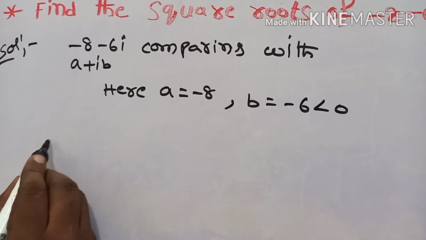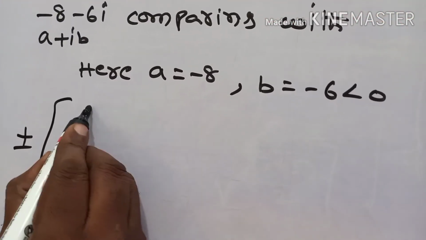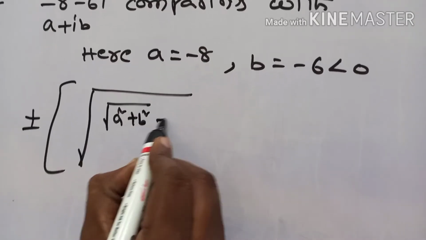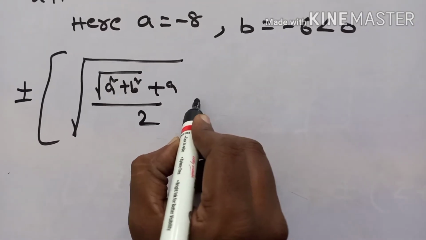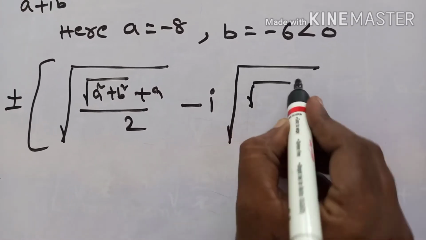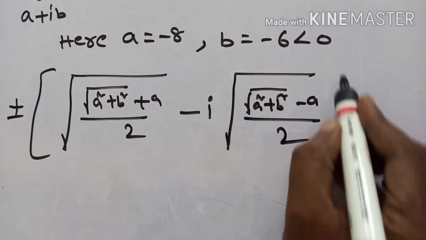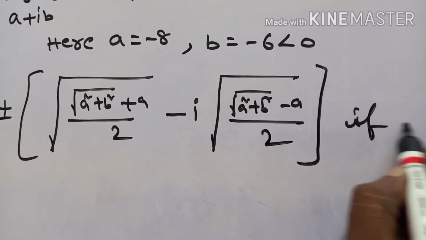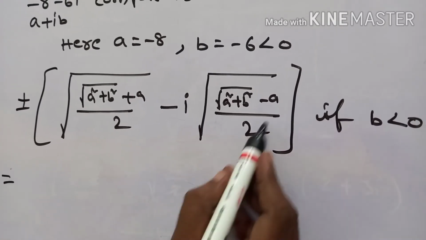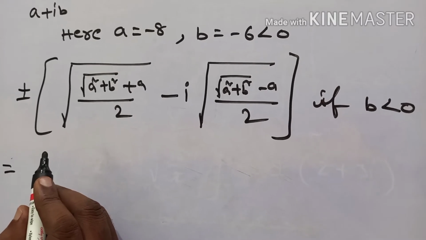Okay, now the formula is plus or minus root over root of a square plus b square plus a by 2, minus i into root over root of a square plus b square minus a by 2. If b is less than 0, substituting the a and b values in this formula, you can get the square roots of minus 8 minus 6i.